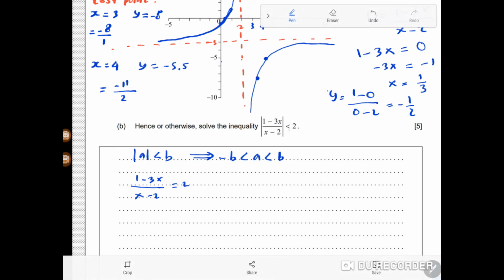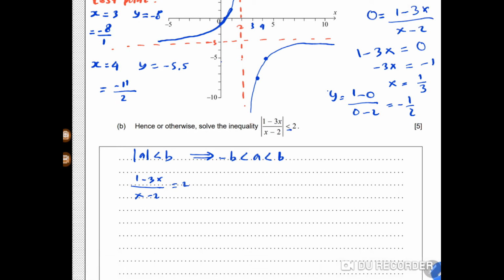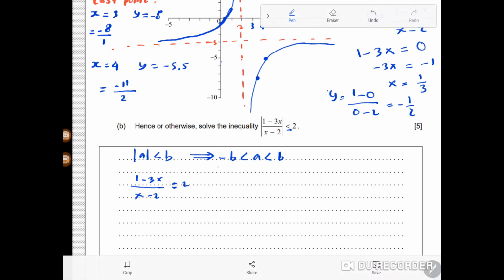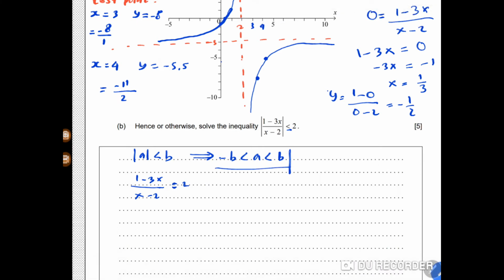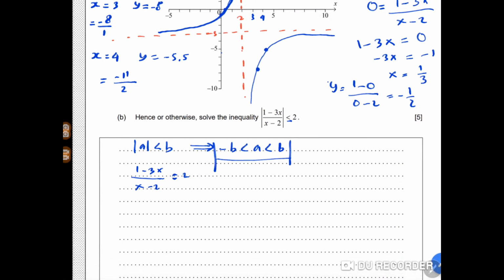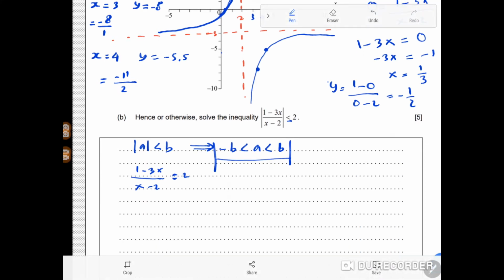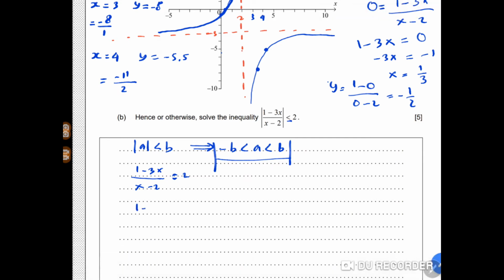This one is less than, right? So why do I use equals? To make it easy for you to get the answer, and then you can put it in the inequality. So when (1 minus 3x) over (x minus 2) equals 2, we have 1 minus 3x equals 2x minus 4.